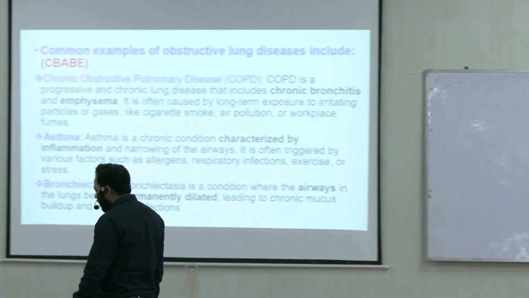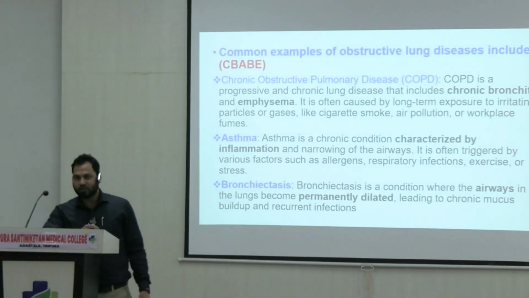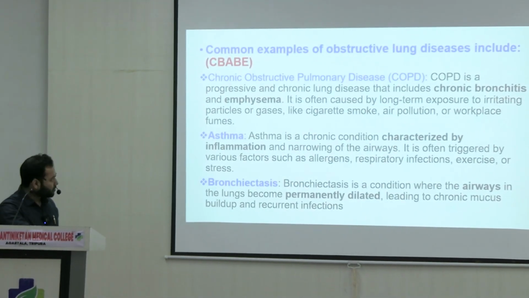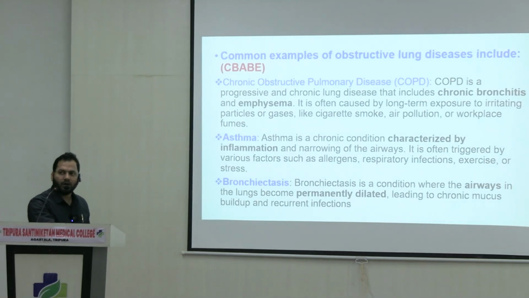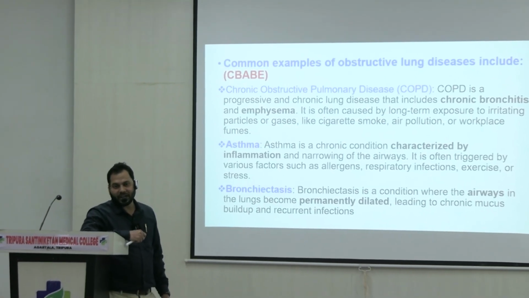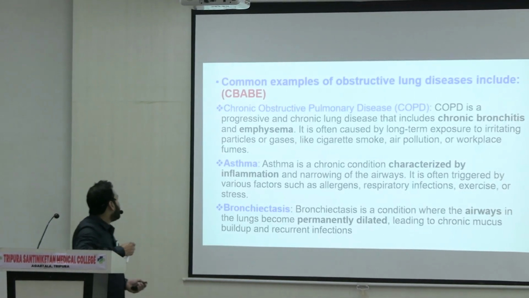Now see, what is the physiological basis of all those diseases? I will not go into the details now. Still, I have to mention at least a few points to explain those obstructive and restrictive lung disorders.